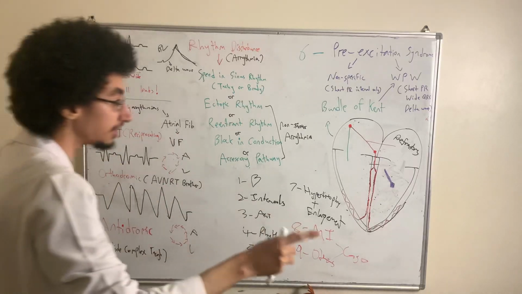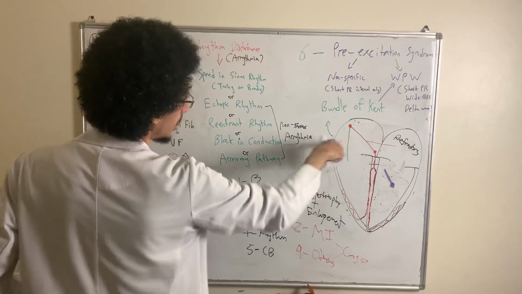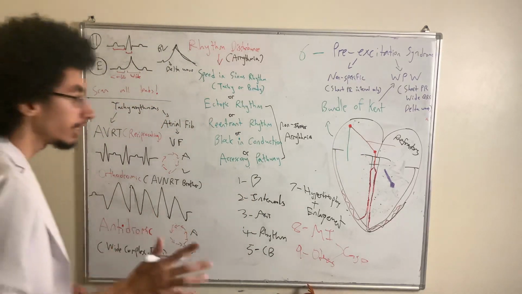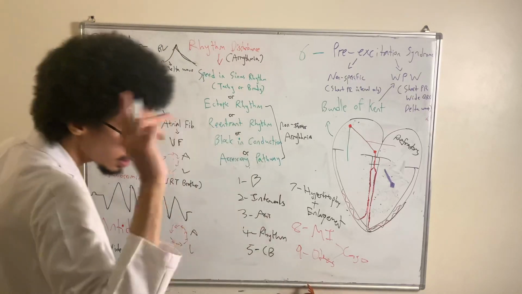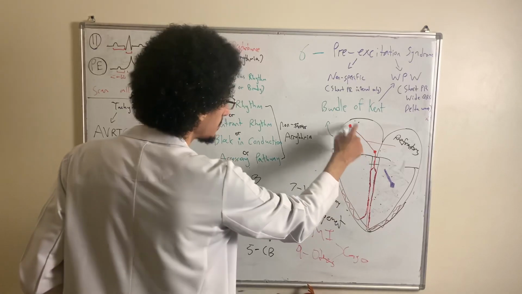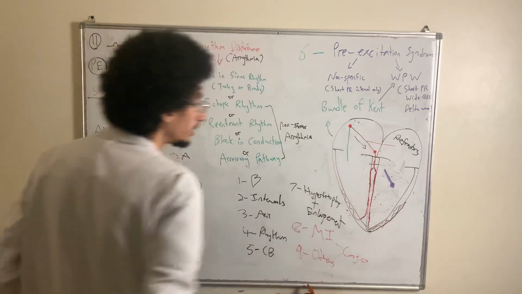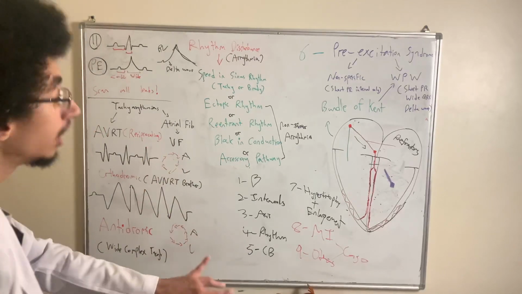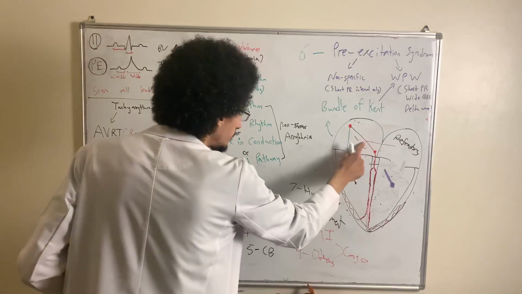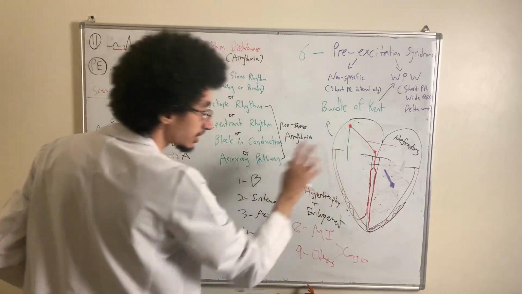Okay? So this happens because we have an early, premature action potential. So what happens is very simple. If we have a wave of depolarization coming from the SA node, and it goes to the AV node, and the AV node says, no, I reject this, I'm in my refractory period, then this wave of depolarization will come towards the accessory pathway instead.